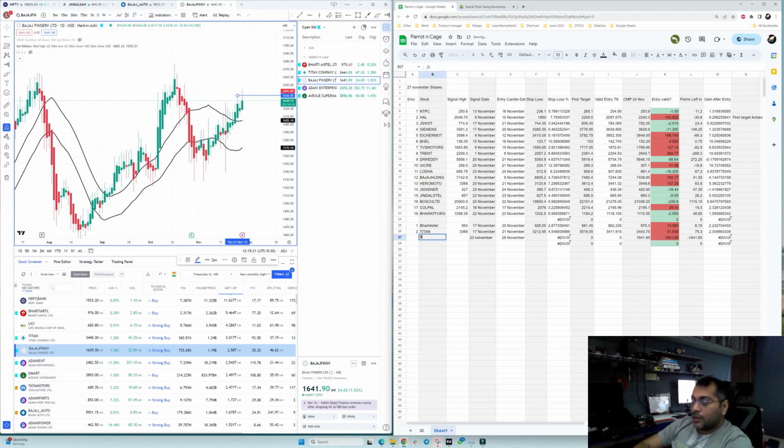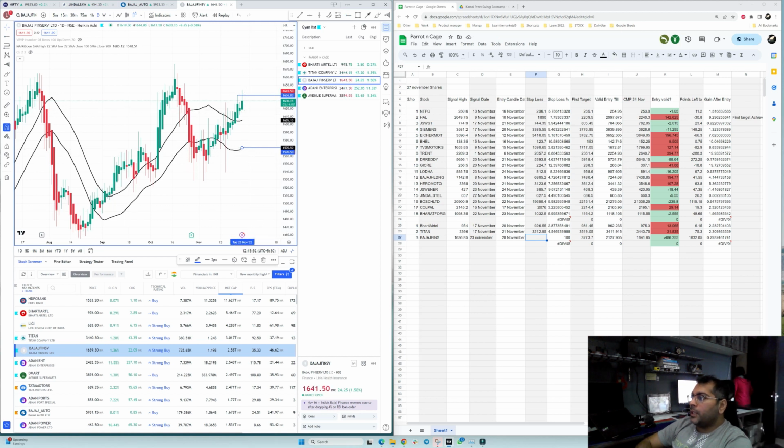Stock name: Bajaj Finserv. The entry price is 1636.85. This is on the entry candle.